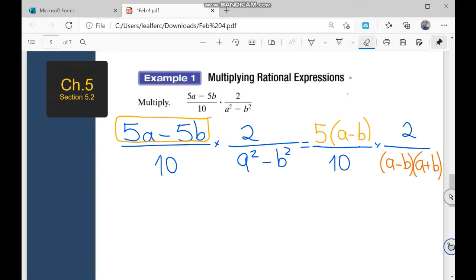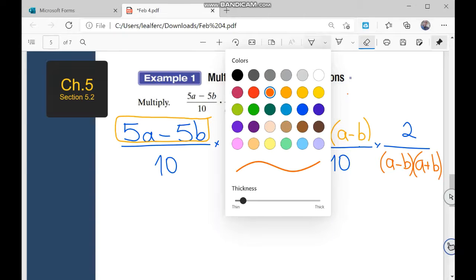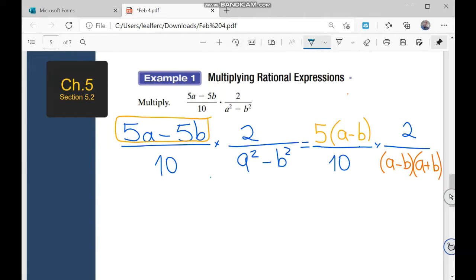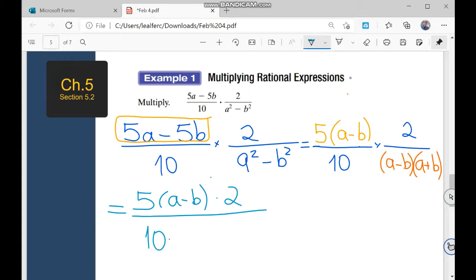Cool, because now we apply step number 2, multiply all the numerators, multiply all the denominators, and we're going to have as a result, here on the top, 5 times a minus b times 2 over 10 times a minus b times a plus b.